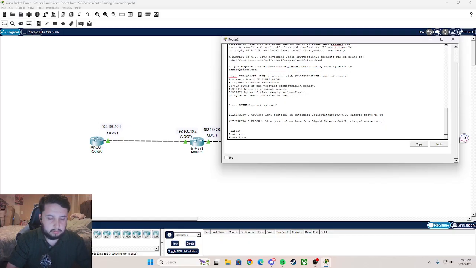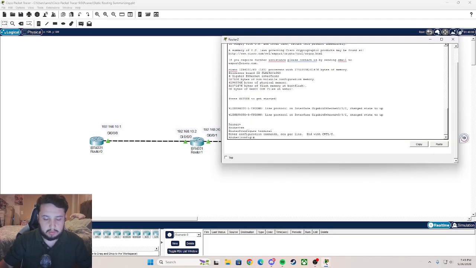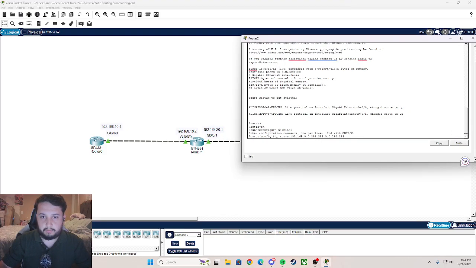Enable, terminal. Okay, sounds good to me.